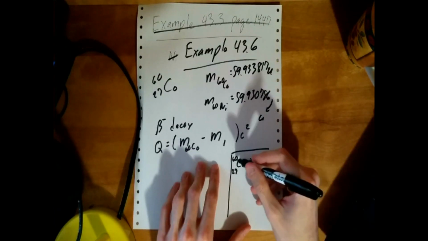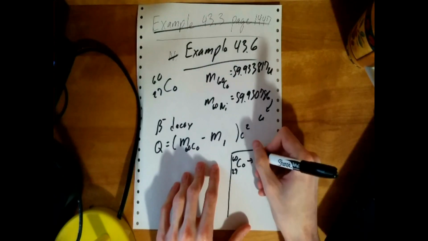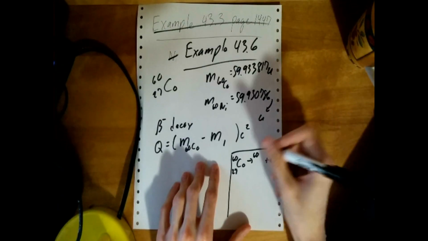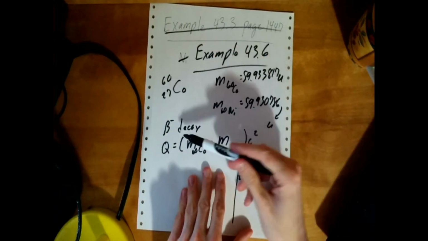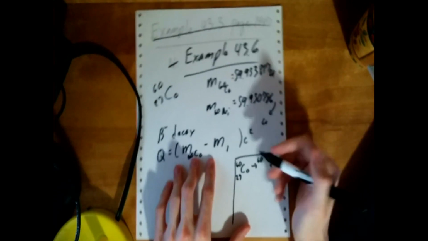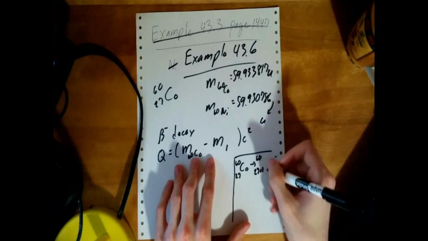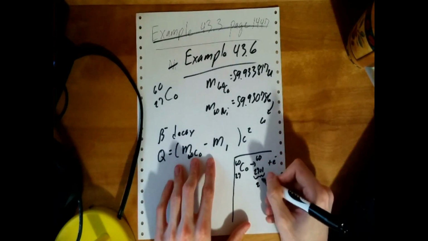The number of nucleons stays the same, at 60, and in a beta minus decay, a neutron changes into a proton, so we gain a proton. So here, if we had 27, now we'll have 27 plus 1, for a total of 28.